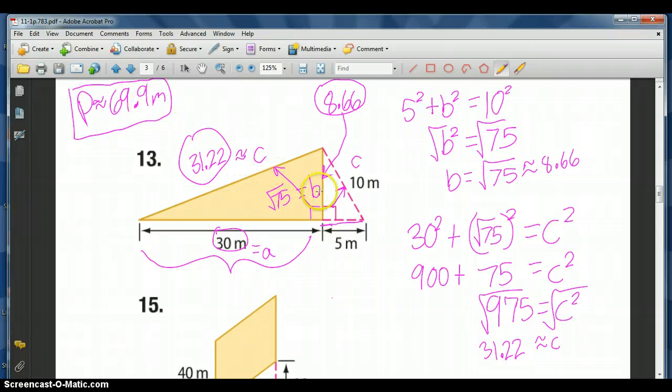And now we're ready to find the area. So our area is half of our base times our height. So our base would be this side, and our height would be the side perpendicular to that.